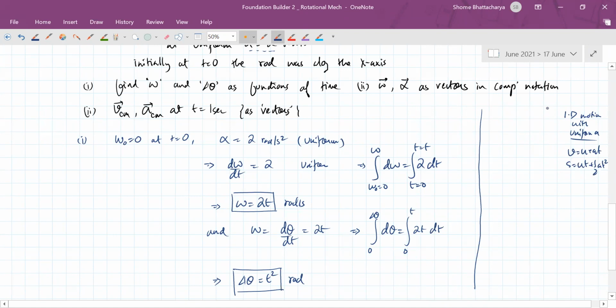So like that, if we have pure rotation with uniform angular acceleration, then we can similarly write a relation that angular speed at any time is initial angular speed plus alpha t, and angular displacement is omega naught t plus half alpha t square. Like that, like we have the third equation here also. We can also develop a third relation here.